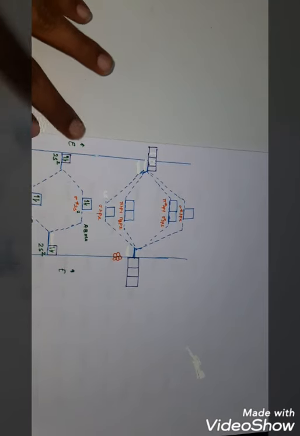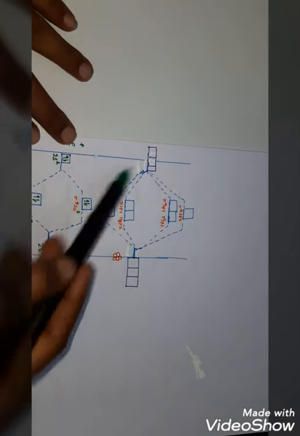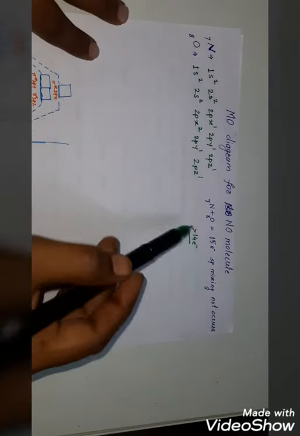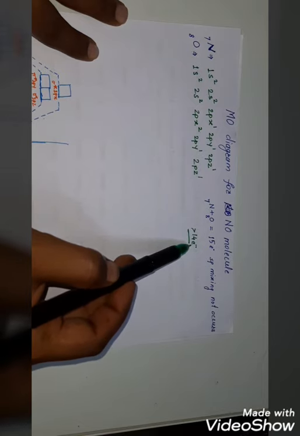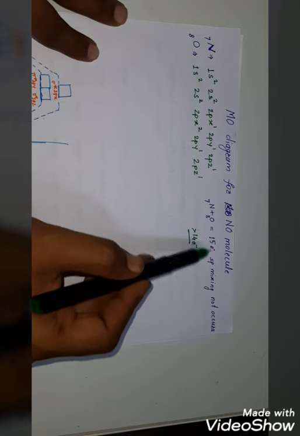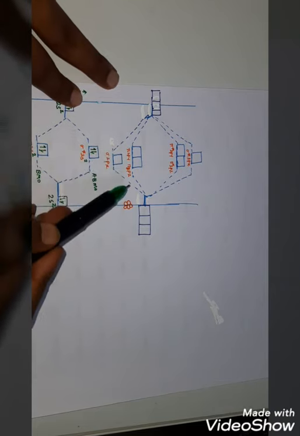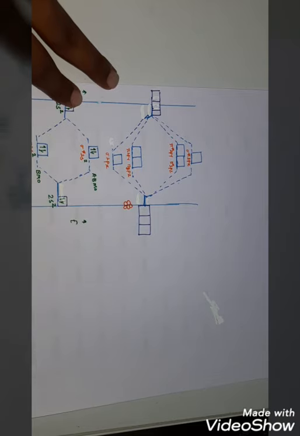Now the main part of the molecular energy level diagram is this. As you know the rule, when there are more than 14 electrons, meaning 15, 16 or 17, sp mixing does not occur. What happens in that case? When sp mixing does not occur, the energy of sigma 2px is lower as compared to pi 2py and pi 2pz orbitals.